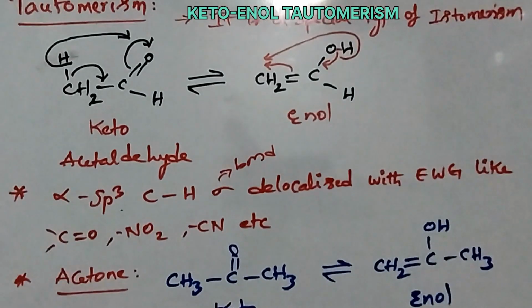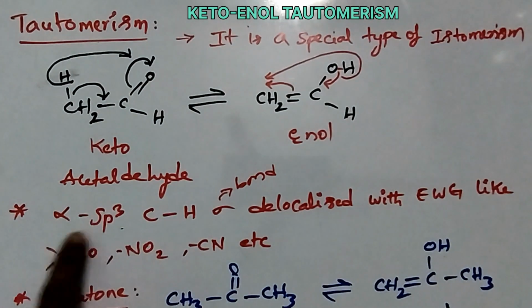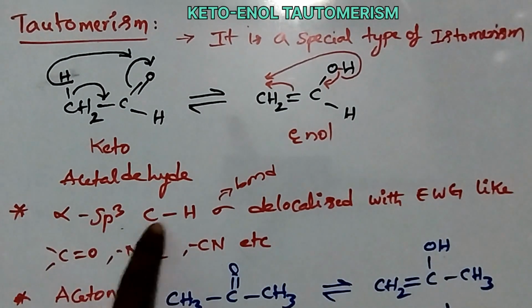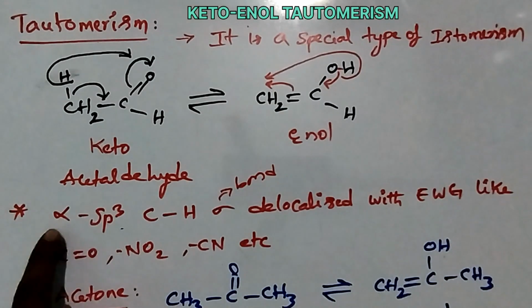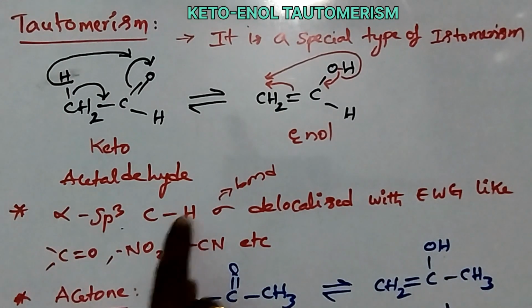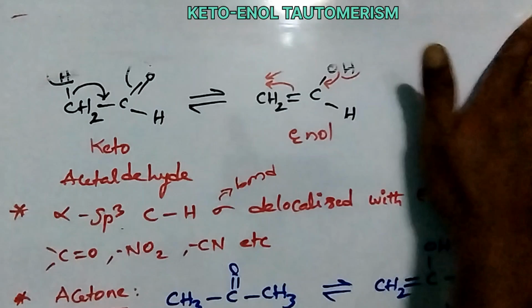In this isomerism we have to understand which hydrogen is shifting: the alpha sp3 carbon C-H sigma bond hydrogens are delocalized and shift to the oxygen place.